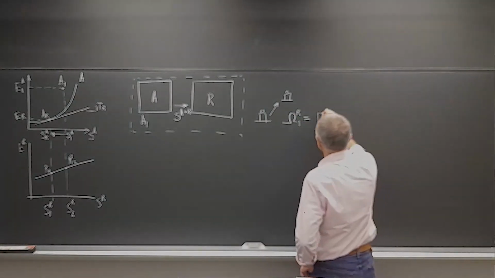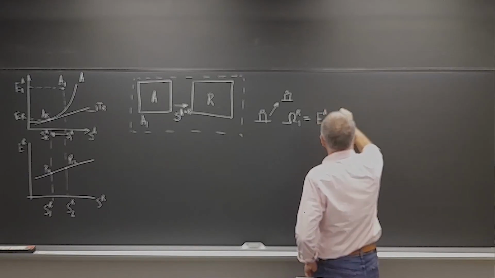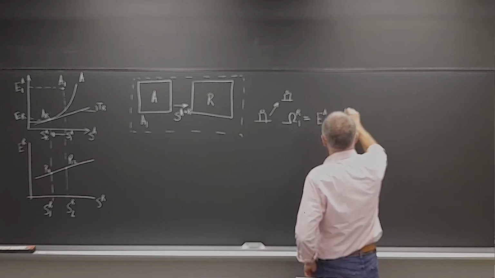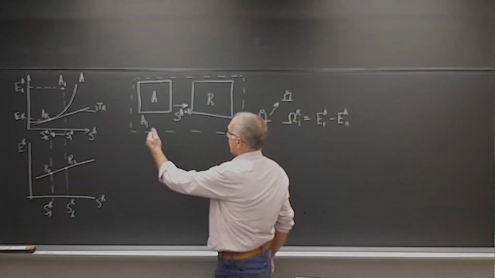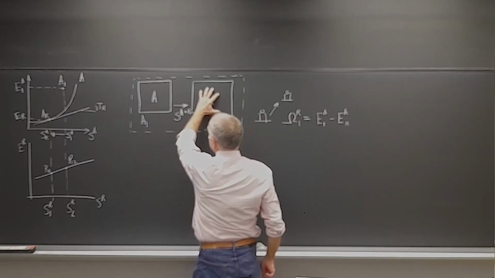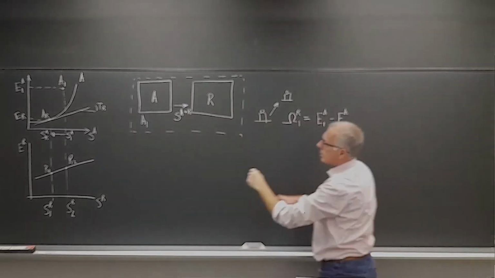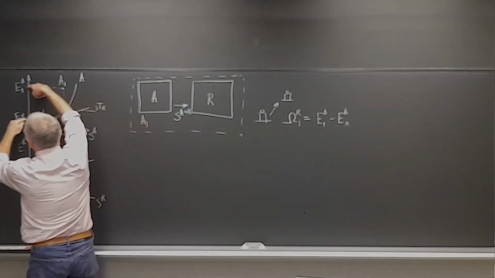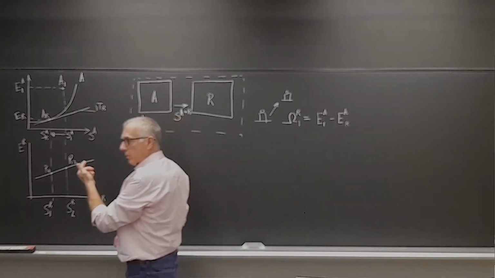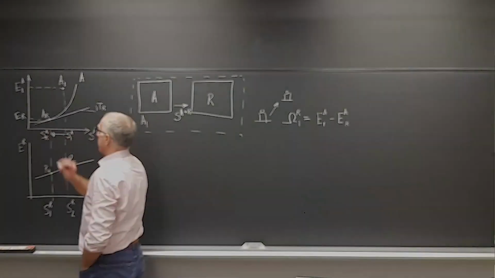So if we could do that process without the need of the reservoir, it would be a weight process for system A, and we would extract this much energy. Okay? But we cannot do it in a weight process because we cannot subtract entropy.